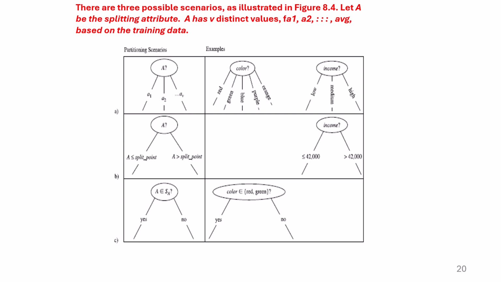The test at node n is of the form A is an element of SA, where SA is a splitting subset for A, returned by attribute selection method as part of the splitting criterion. It is a subset of the known values of A. If a given tuple has value Aj of A, and if Aj is an element of SA, then the test at node n is satisfied.